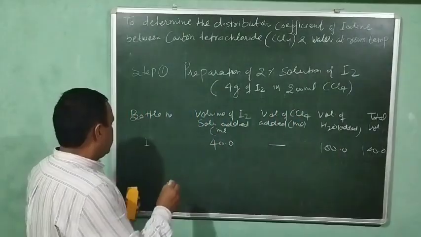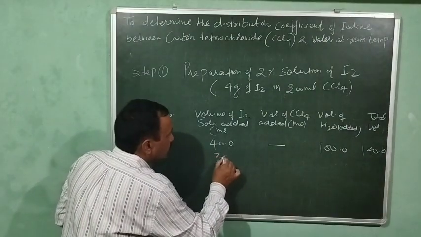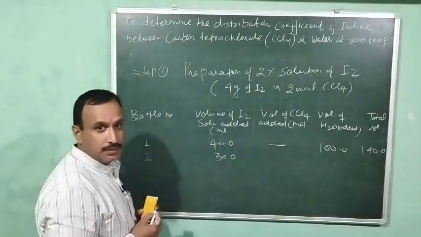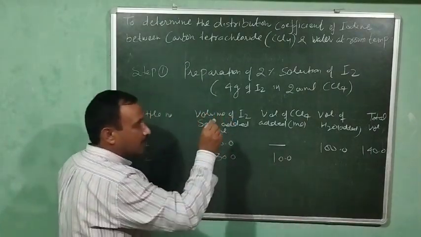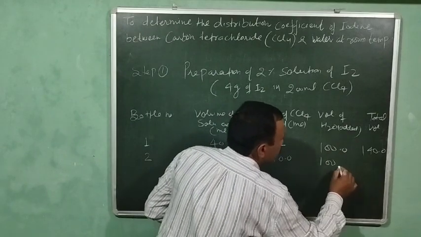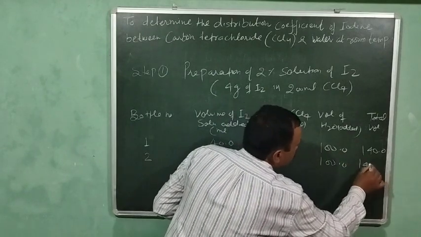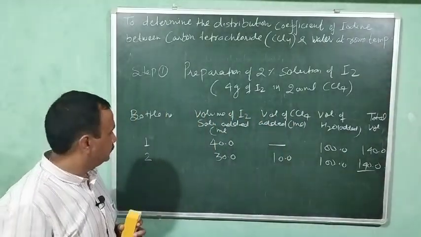In second bottle we will add 30 ml of iodine solution and 10 ml of carbon tetrachloride, 100 ml of water, and the total volume here again will be equal to 140 ml.